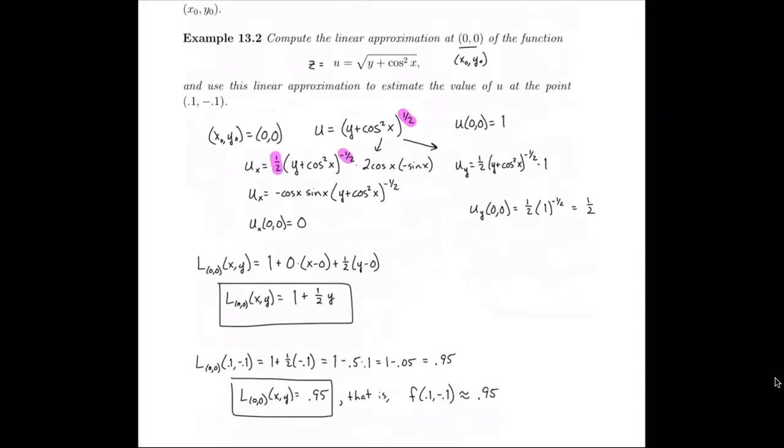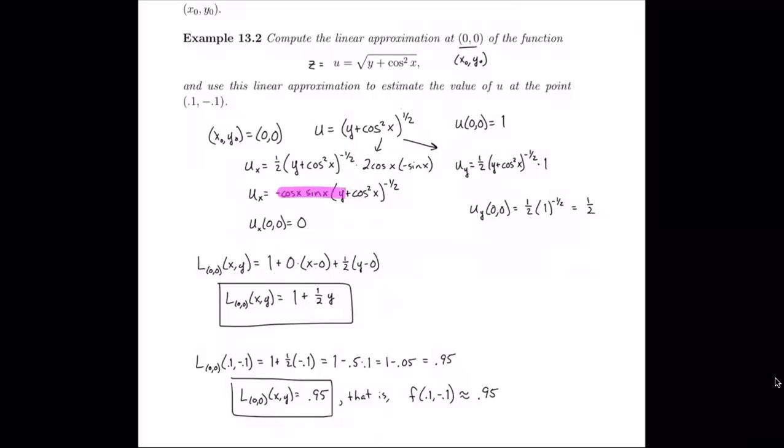Sorry, product rule first, negative 1/2. Then the chain rule tells us times the derivative of the inner function, and that comes out to 2 cosine x times the derivative of cosine x, so another chain rule, and that gives us negative sine x as another factor. So product rule on the outside and 2 chain rules to follow up. And that is u sub x.